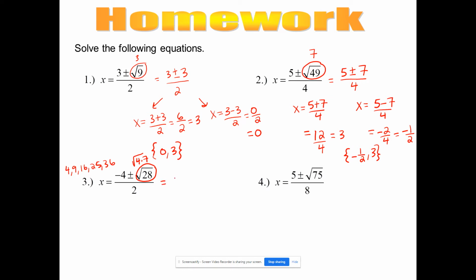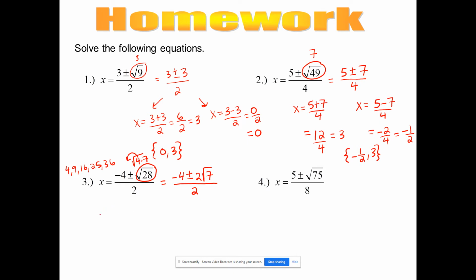All right, so we end up with negative 4 plus or minus. Now remember, this 4 comes out, but it comes out as a 2. So that's 2 radical 7. The 7 stays in there because it's not a perfect square. And then over 2.